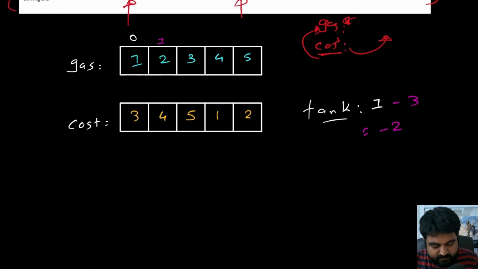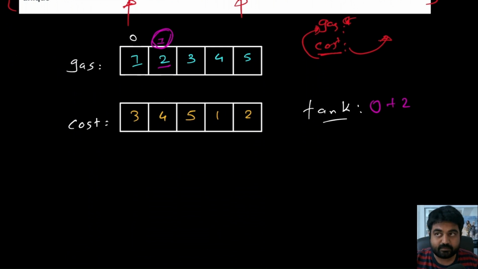Same way, we can check option number 1. Currently our tank is initially 0. Let's repeat the calculation. It is 0, but now we can fill in plus 2, so the gas would be 2. But to get to the next option, we would have to spend 4 units or 4 liters of gas, which means 2 minus 4 would become -2.